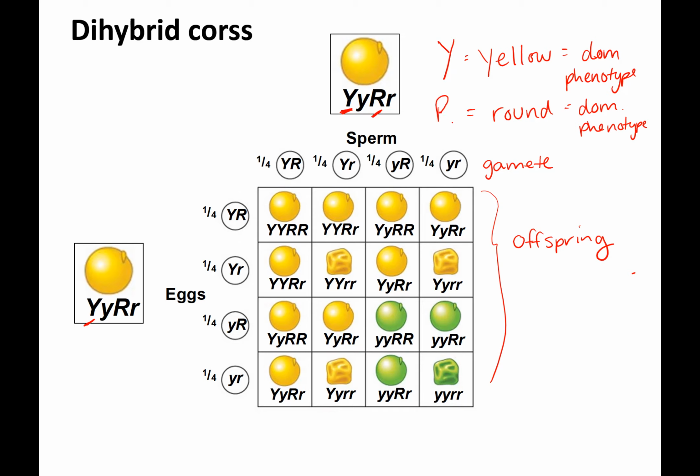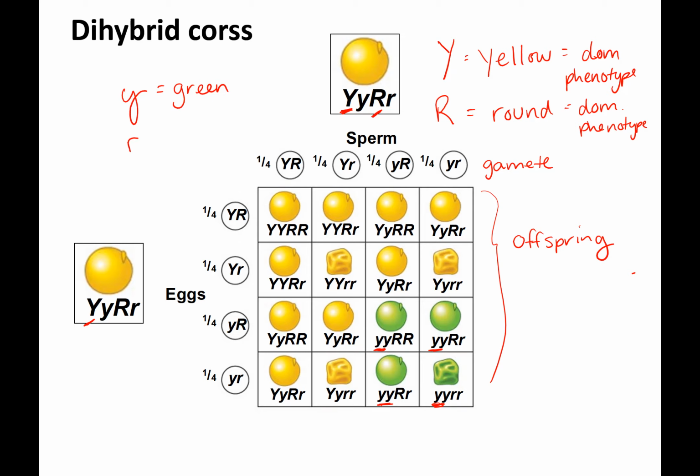Represented by a big R. And if you looked at these offspring, you would see there's another color. So little y must represent green. And only when we have two little y allele pairs, homozygous recessive, do we see the green.